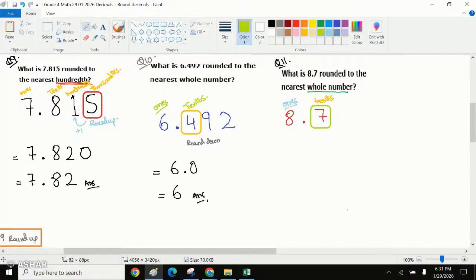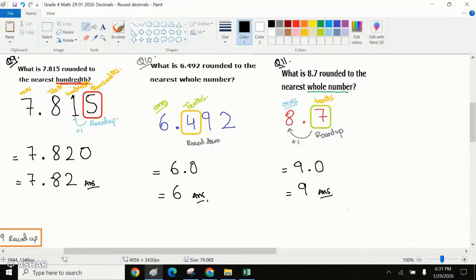Since this is a 7, we can say this will round up. Rounding up means we add 1 to the number before it, right? That means we can write this as 9.0 or we can simply write this as 9 as the answer.